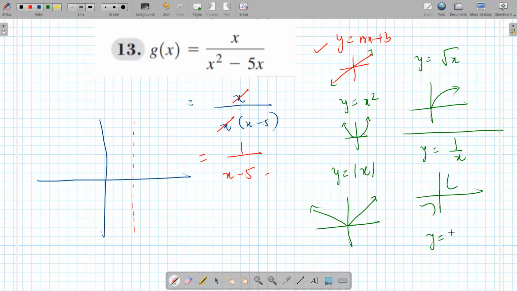And then there's y equals 2 to the power of x, which is like exponential functions. That looks like this. The 7, 1, 2, 3, 4, 5, 6. What are we missing? We're missing the logarithmic function, which we'll do when we get to the log unit. It's a little bit more complicated, but these are the basic ones.